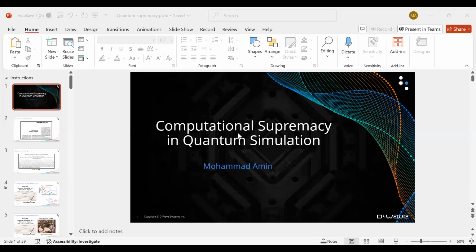The way PEPS works is very similar to gate model. If you want to simulate the Schrodinger equation, you divide it into very small steps, and then you trotterize. If you don't know, you basically divide it into 2-qubit and 1-qubit gates with some approximation, and then you apply all of them one by one. It's very similar to gate model.